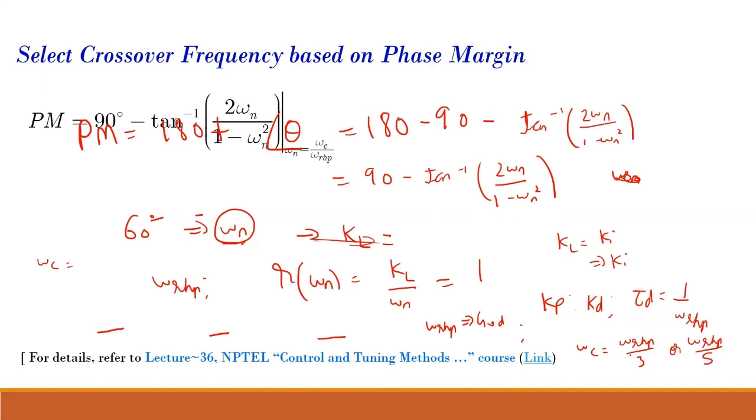Because what happens is this RHP zero. You remember GVD of s has this 1 minus s upon omega RHP. What it does is, if I tell the system to go left, it will initially go right because of my RHP zero.